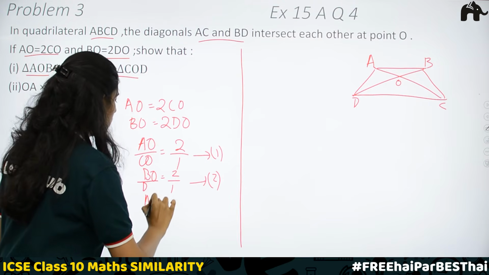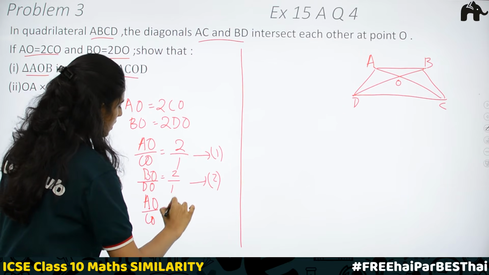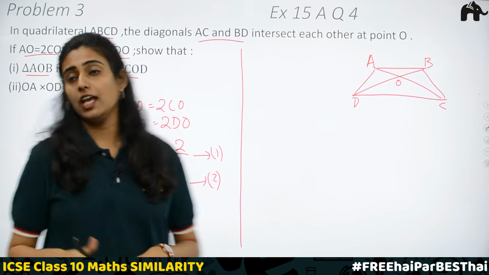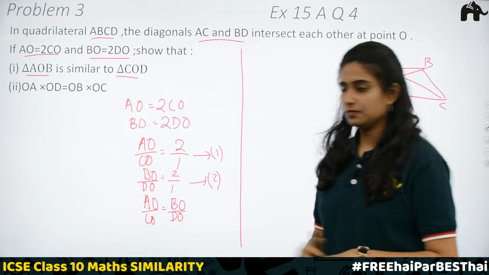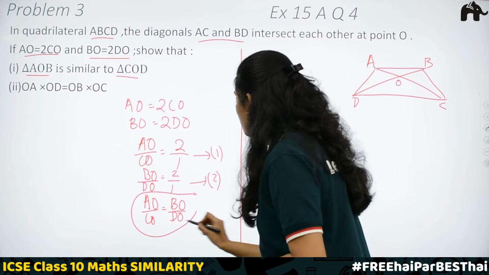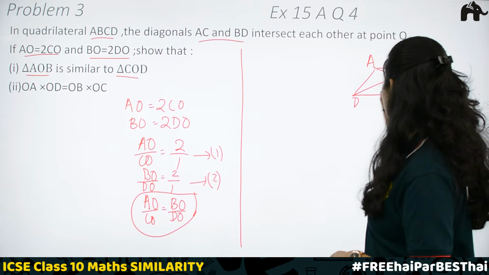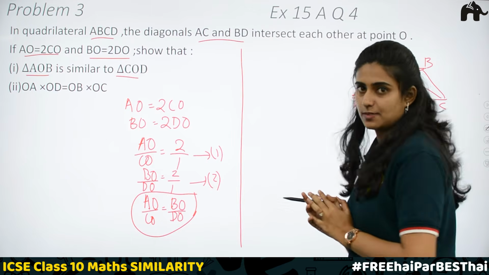That is, AO by CO will be equal to BO by DO. Now, these are the ratios of corresponding sides of the triangles. When you consider these two triangles, these are parts of the sides of the triangles.